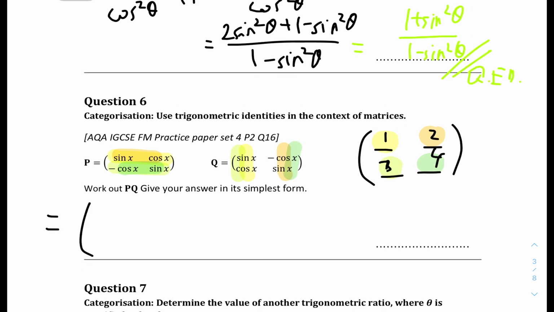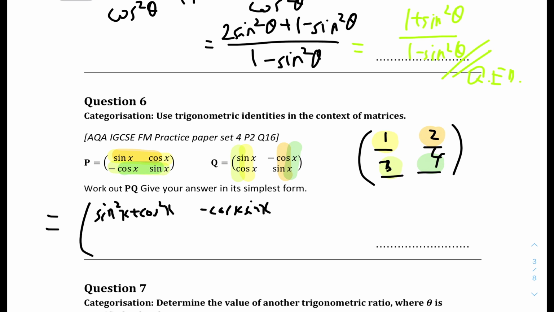So the first value will be sine x times sine x plus cos x times cos x. So it'll be sine squared x plus cos squared x, like so. And the second value will be sine x times minus cos x. So minus cos x sine x.